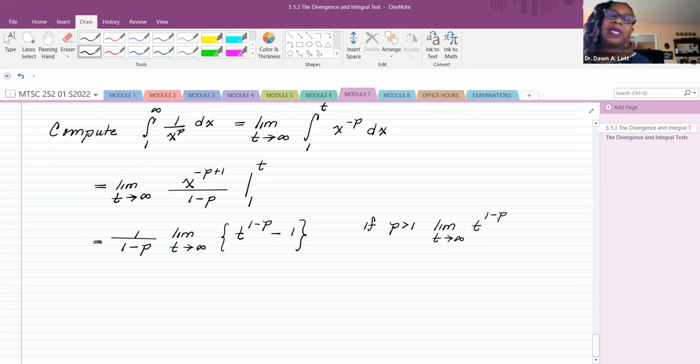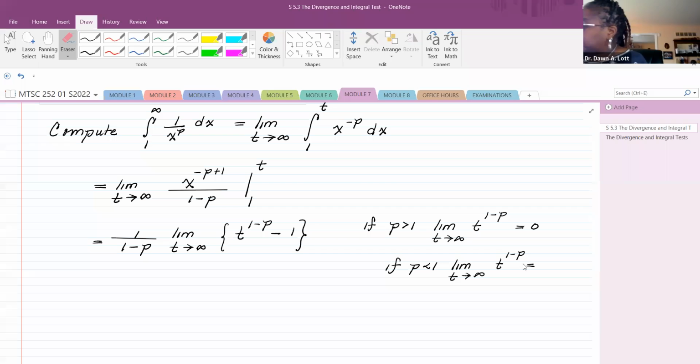That's t to a negative number, which gets smaller. That goes to 0. And if p is less than 1, you get the limit as t approaches infinity of t to the 1 minus p, and that goes to infinity.